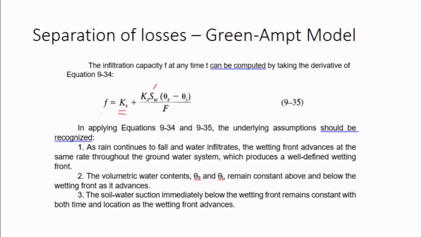So, as rain continues to fall and water infiltrates, the wetting front advances at the same rate through the groundwater system, which produces a well-defined wetting front. So, the volumetric water contents remain constant above and below the wetting front as it advances. So, the soil water suction immediately below the wetting front remains constant with both time and location as the wetting front advances.